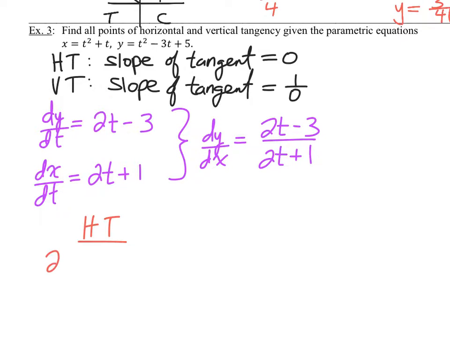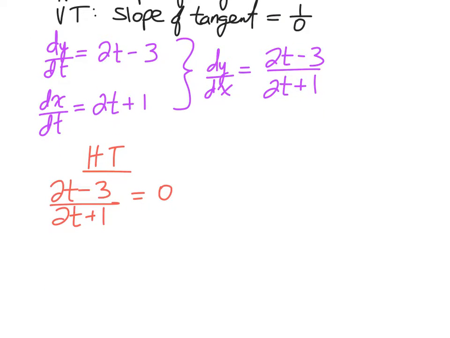We'd be looking at 2t minus 3 over 2t plus 1. We'd set that equal to 0. That 0 is over an understood 1 if we're making a proportion out of this. Cross multiply. We'd be looking at 2t minus 3 equals 0.